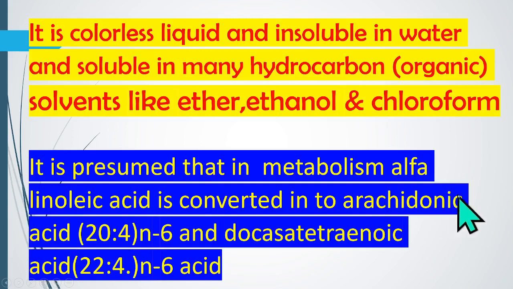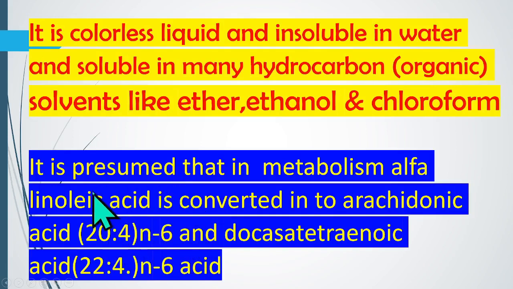Arachidonic acid is a polyunsaturated fatty acid. It contains 4 double bonds, and the last one of these 4 is on the 6th carbon from the omega carbon. That is why it is an omega-6 fatty acid.